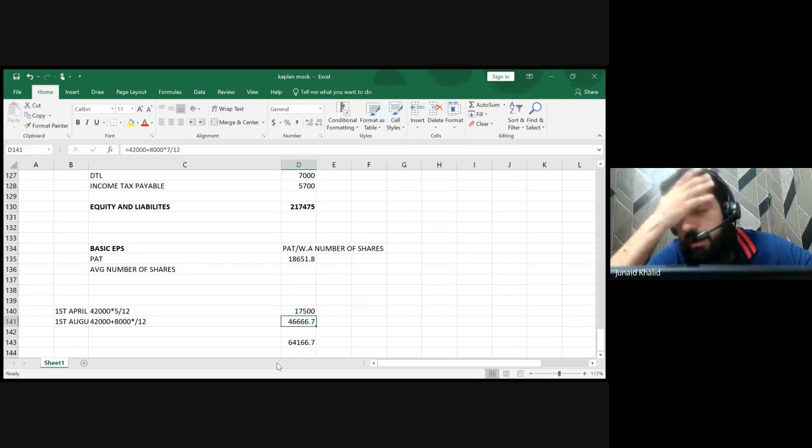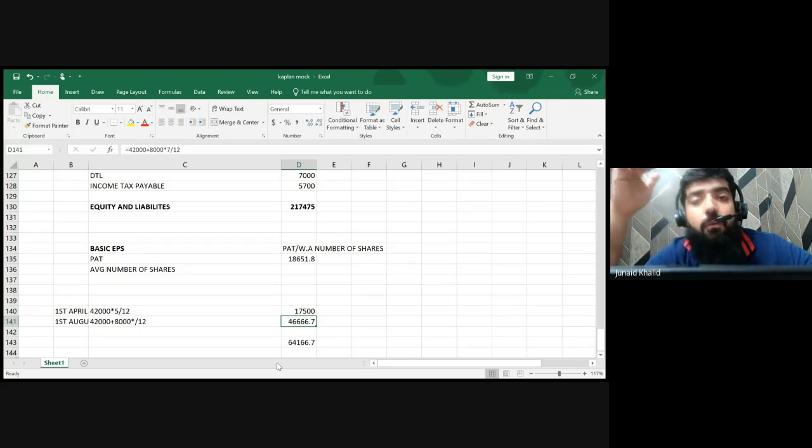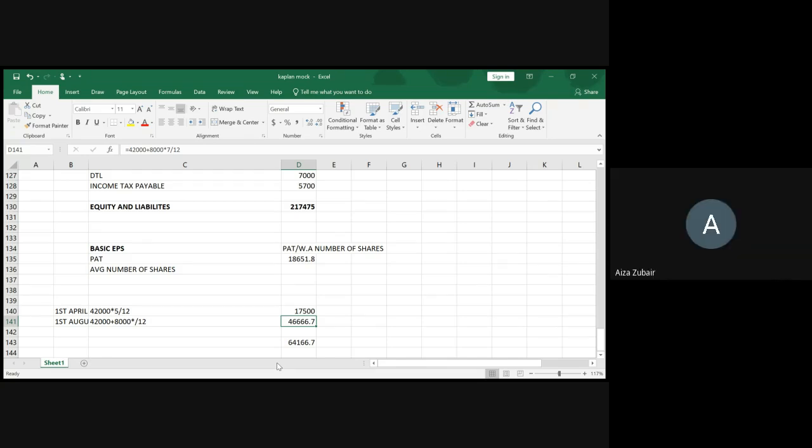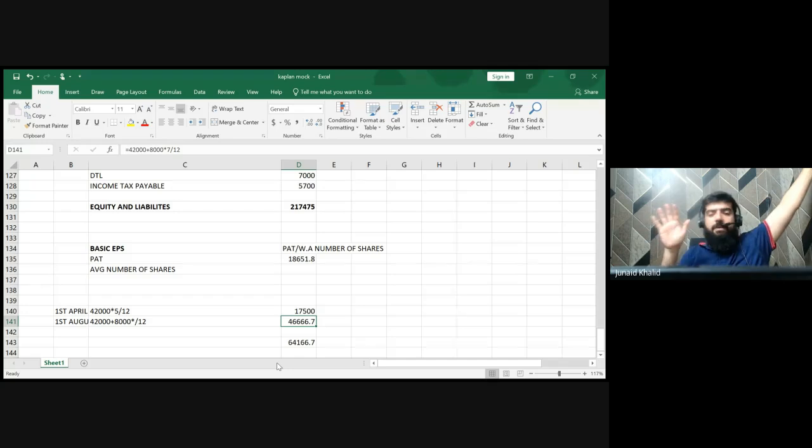Always remember, we calculate the bonus fraction, the right fraction, and the TERP once the company has issued right shares or bonus shares. The shares were issued at the full market price, so there is no bonus element. For example, if the market price is $2.2 and I have issued the shares at the same price, there is no bonus element. So there is no need to calculate the bonus or the TERP.